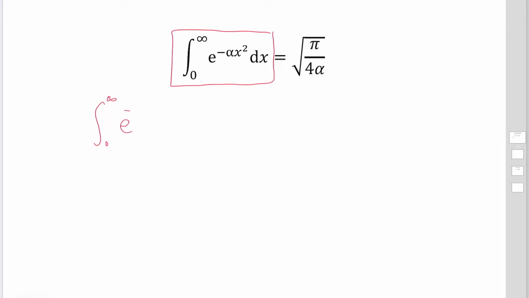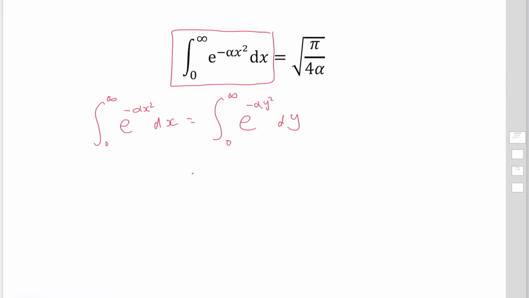If you write the integral from 0 to infinity of exponential minus alpha x squared dx, you could change this x to y: the integral from 0 to infinity of exponential minus alpha y squared dy. Of course, these two quantities have to be the same.